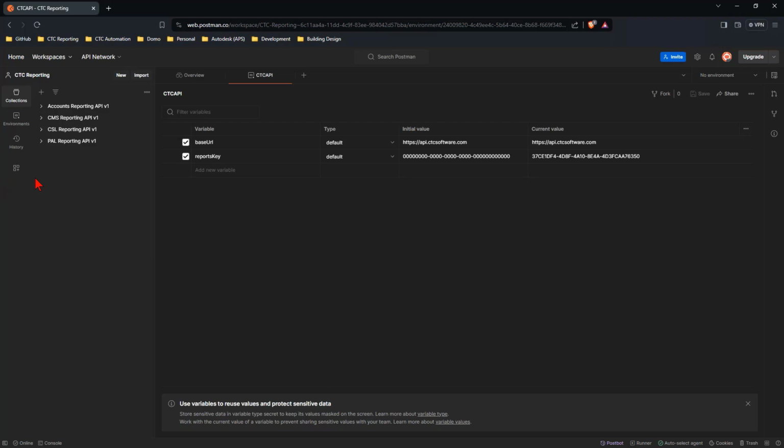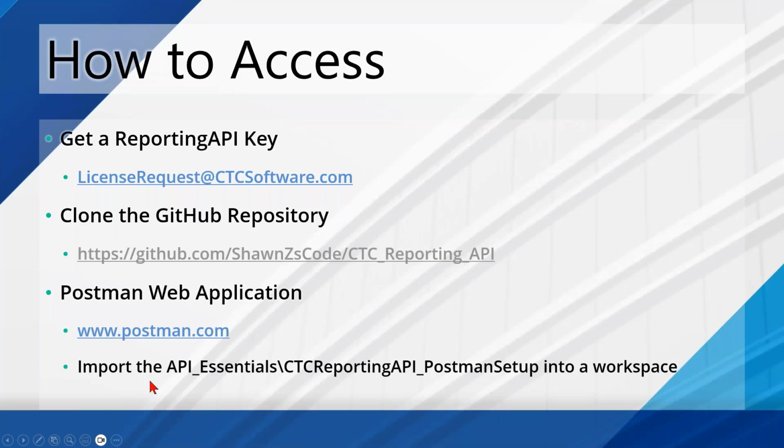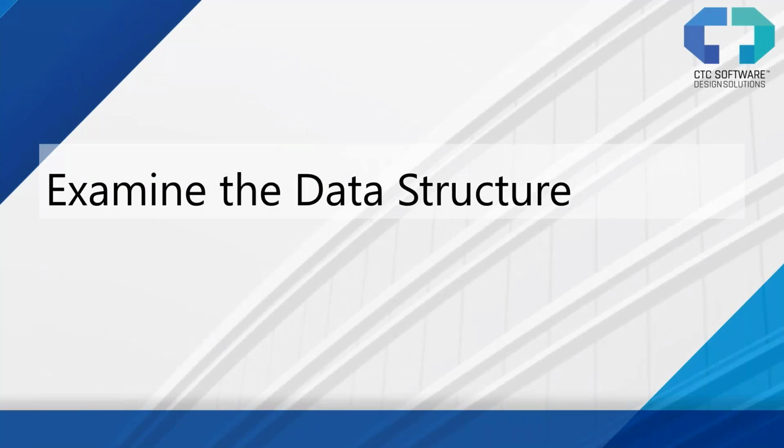All right. So that is the importing of those settings directly into a new workspace. And now we're going to take a look at examining this data structure and see what those workspaces actually do for you, because we're going to use this to understand what is actually available. We talked in the previous session about what's available in the web portal, and that's great stuff.